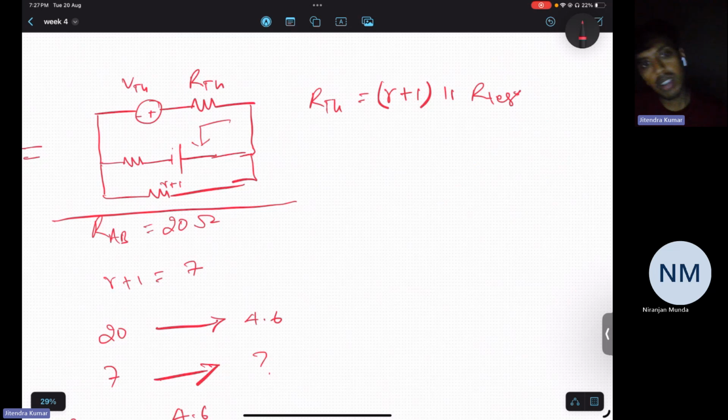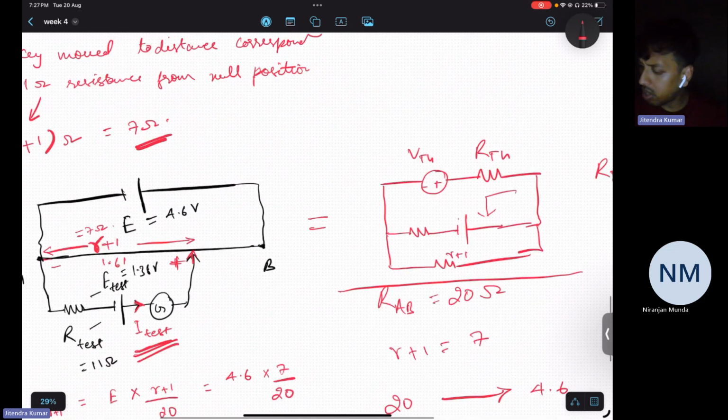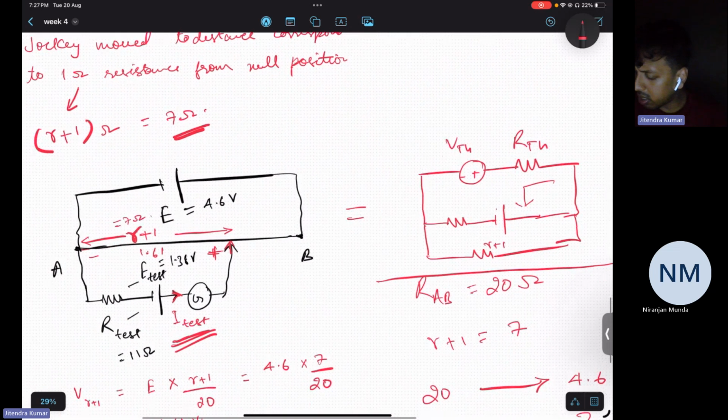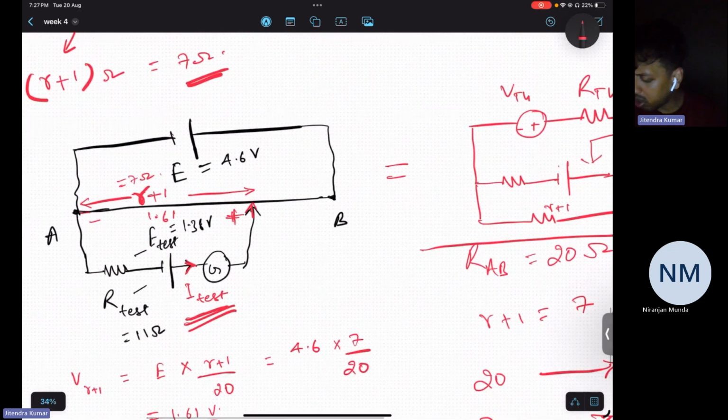R plus 1 divided by this, parallel with R test. Are we leaving anything here? Would any other branches be considered here? I think we took all of them. R plus 1 is parallel with R test. R test is 11. Okay. So anything else required?